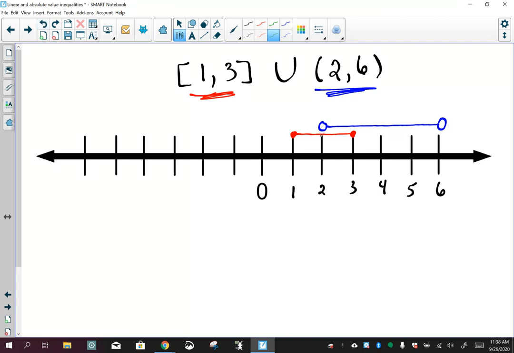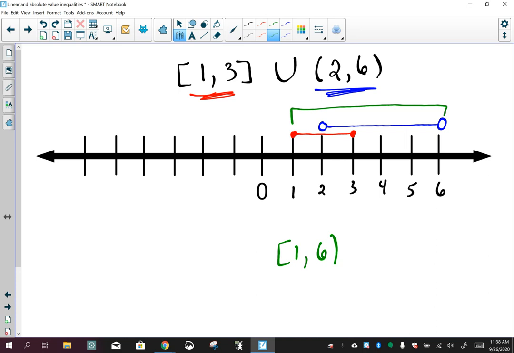So since it is defined here at 2, when I do my union, I will include that. And so my union is going to include everything from here all the way to here. So when I write my answer, I'm including 1, and then I'm running all the way here to 6, but at 6 where I'm ending, I don't include that, and so I get a parenthesis.